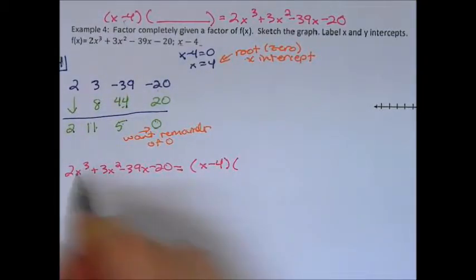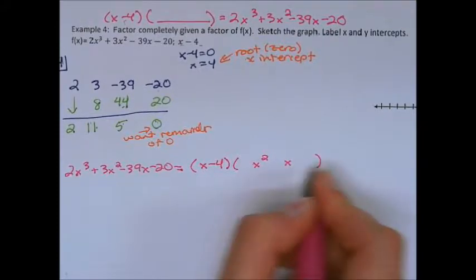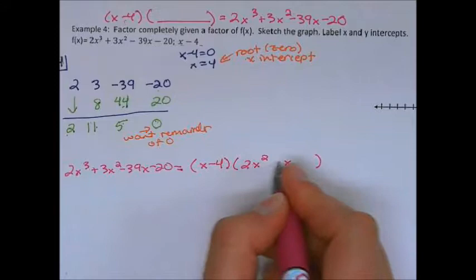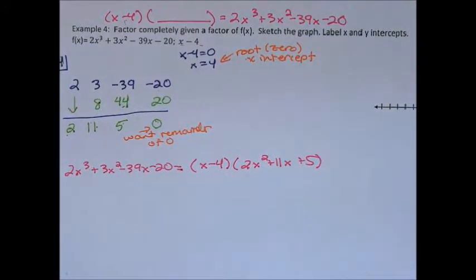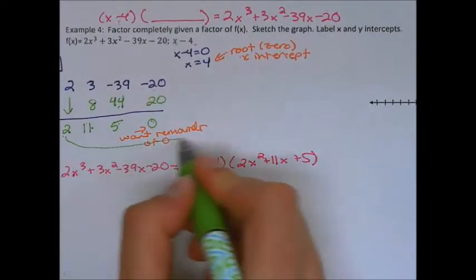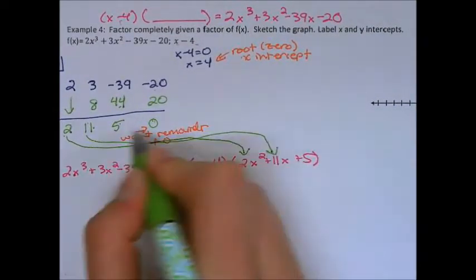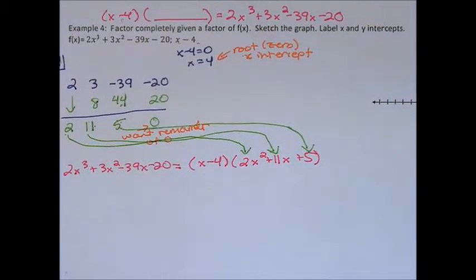We were x to the 3rd, so we're going to have an x squared, x, and a blank. Let's fill the numbers in. 2x squared plus 11x plus 5. So the 2 went here, 11 went here, and 5 went there.